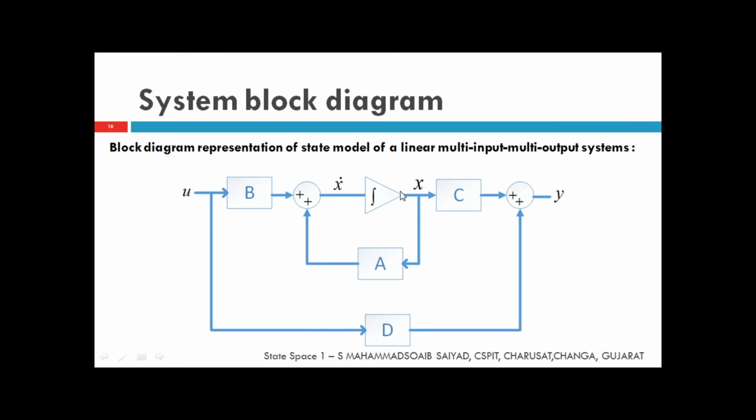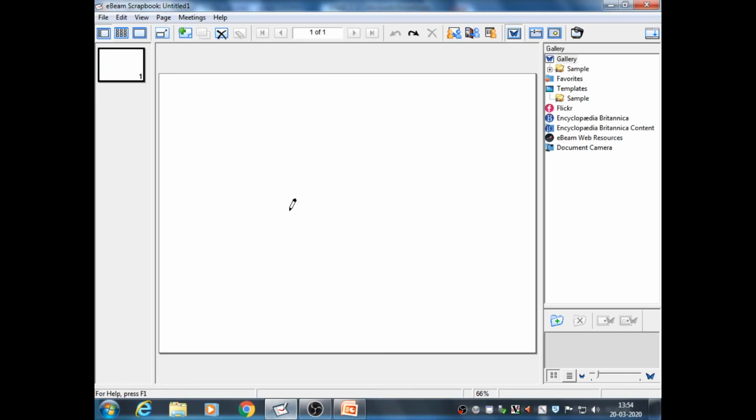So I want to represent x dot is equal to a into x, because I need to multiply it over here. I will draw it for you.